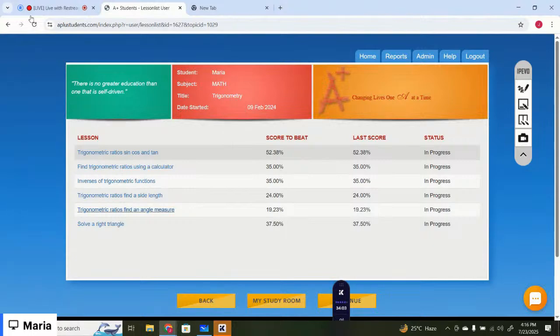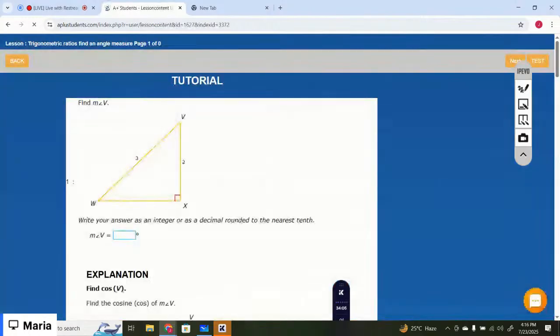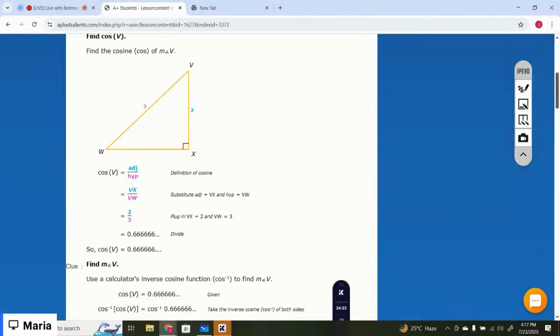Trigonometric ratios, find an angle measure. Find the measurement of angle B. We need to find the measurement of angle B, right?